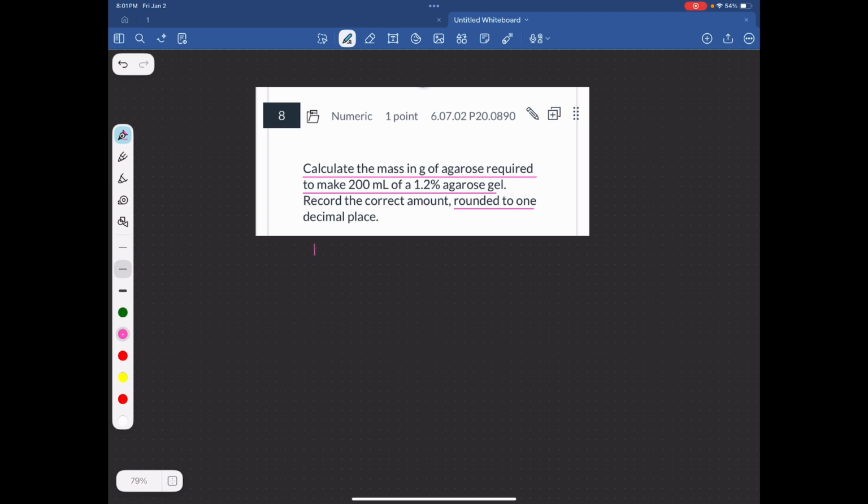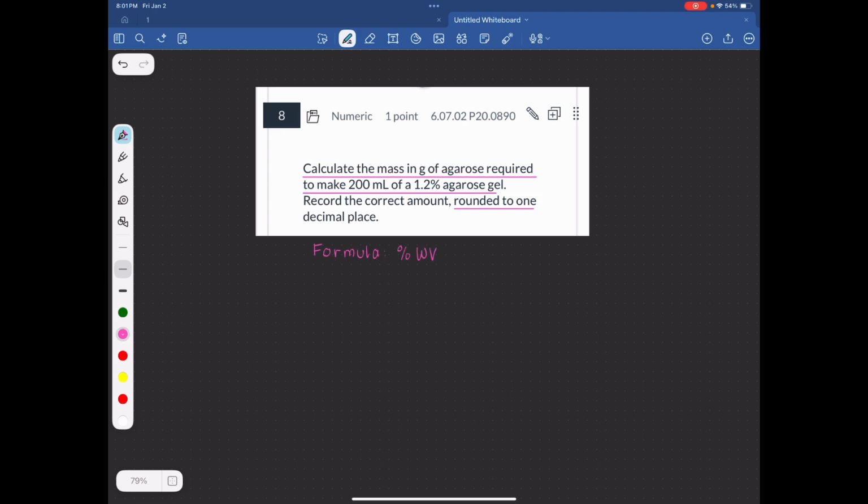So the formula we're going to need here is our percent weight times volume.